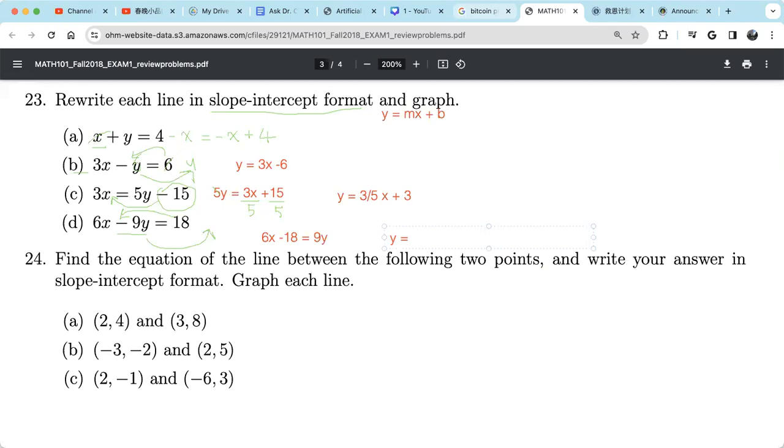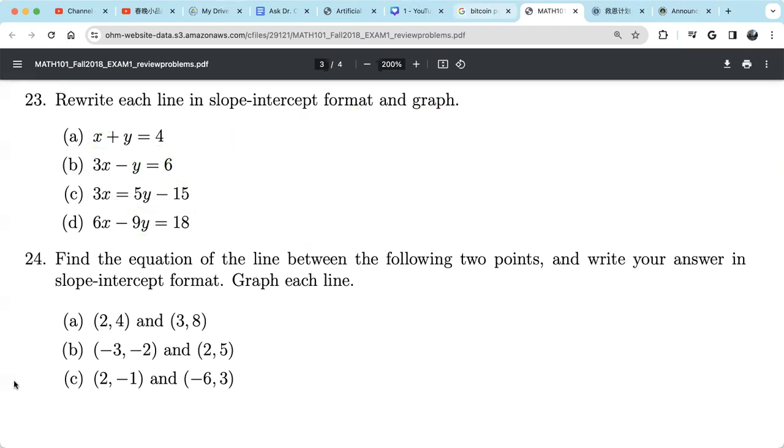Y equals 6 divided by 9 x minus 18 divided by 9. We simplify. 6 and 9 have a common factor of 3. So 6/9 is 2/3. The slope is 2/3 x. 18 divided by 9 is 2. So D is y equals 2/3 x minus 2. That's 23.